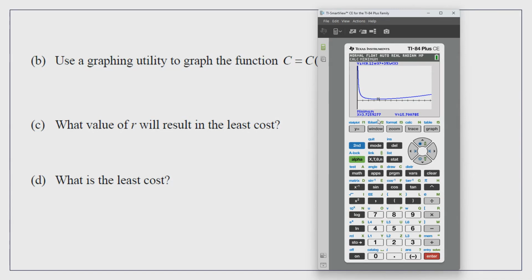So the minimum value is the point 3.73 and the y coordinate 15.7.